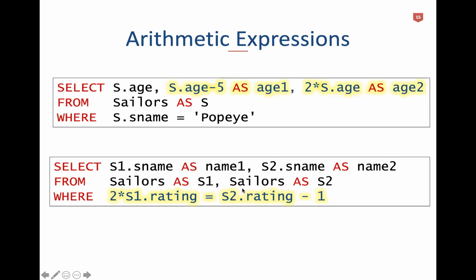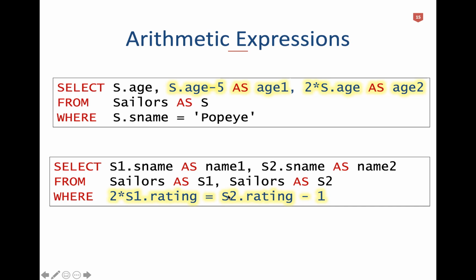Of course, that's not sufficient with the same value. So you're going to project s.name as name1, so you will see in your output a table where the first column is name1 and the second column is name2, and they're coming from the same table S but different names: sailors as S1, sailors as S2.